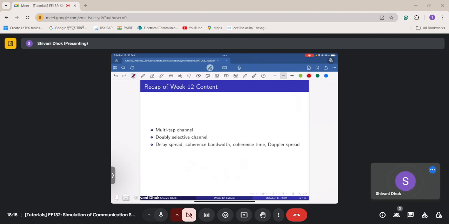After that, we looked at multi-tap channels. In a multi-tap channel, you have multiple reflections, and you can characterize these multiple reflections using a multi-tap channel.